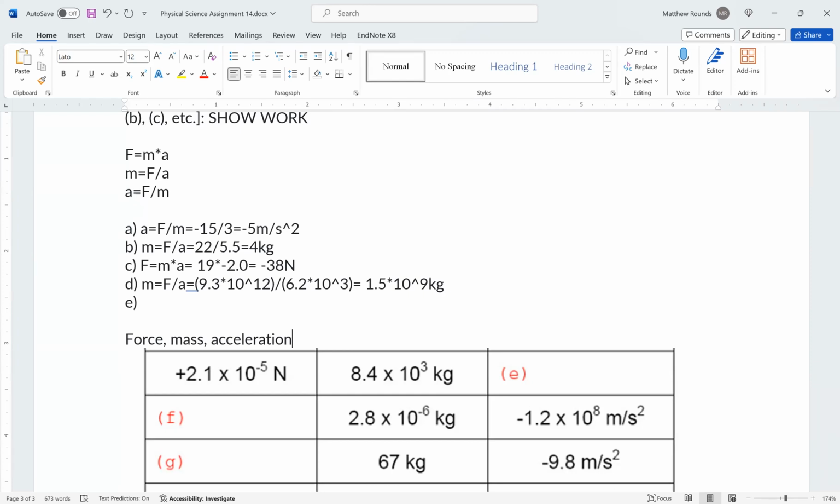Okay, here's what I typed in the chat. Okay, so you're getting the handle of this, except we're not solving for mass in this problem. You're solving for acceleration. Acceleration is the last one, which is force divided by mass, which is what you have here, but it's -5.